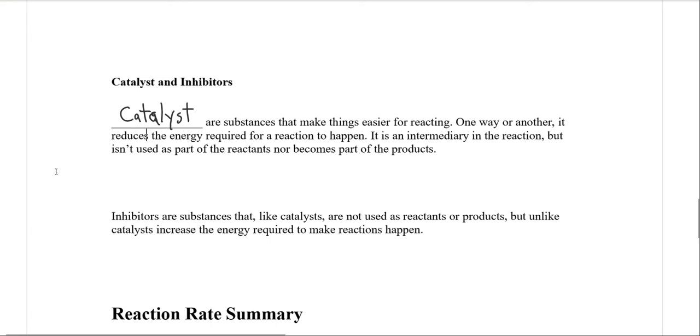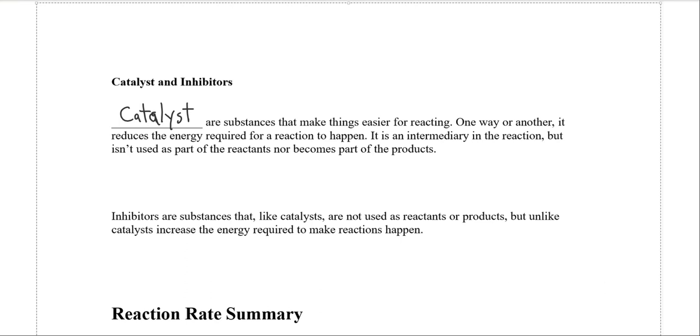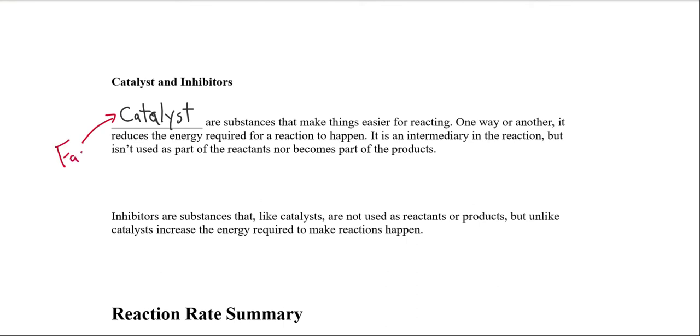It does not become part of the products nor the reactants. It is just something that helps things along. An inhibitor is similar to a catalyst, but instead of making it easier for reactions to happen, it makes it harder for reactions to happen. So, a catalyst will help make fast reactions. An inhibitor will help make slow reactions.